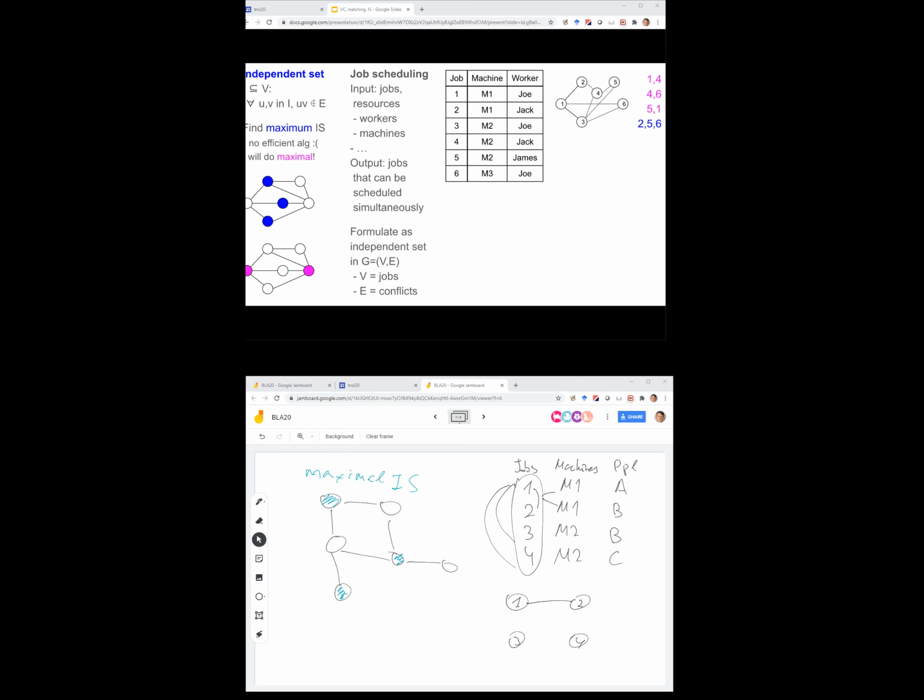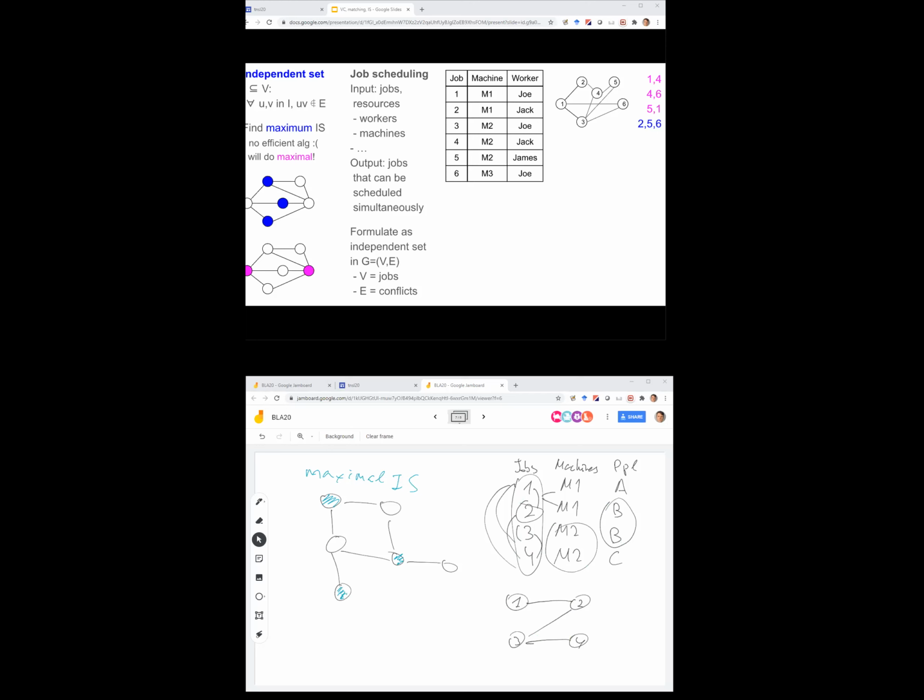Job 2 cannot be executed simultaneously with job 3 because they require the same person. Job 2, I think, can be executed together with job 4. No conflicts. And finally, job 3 cannot be executed together with job 4 because they require the same machine.